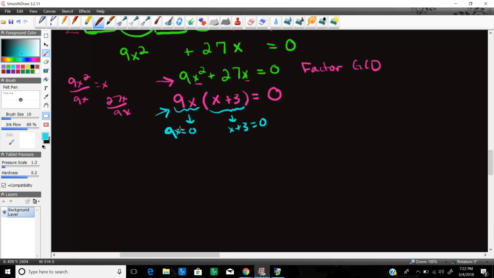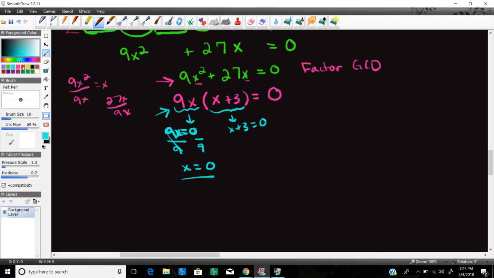We have 9x is equal to 0. When we are solving that, we will divide both sides by 9. So we're left with x is equal to 0 divided by anything, which is still going to be 0. So this one is just 0.